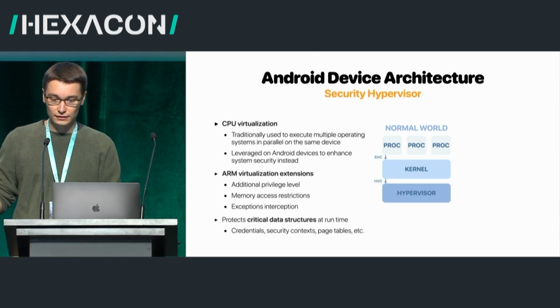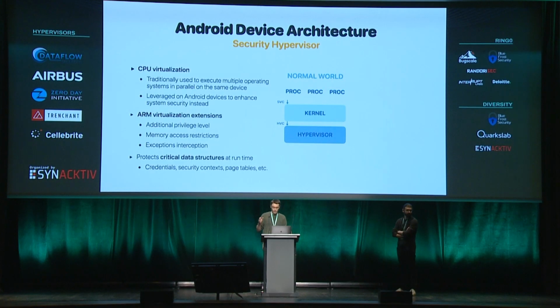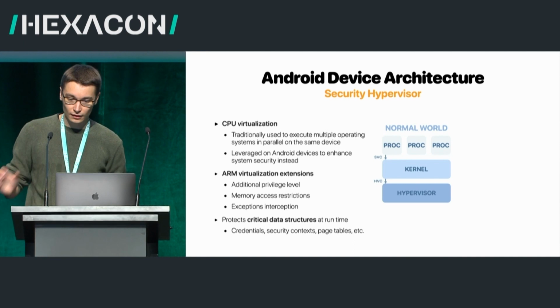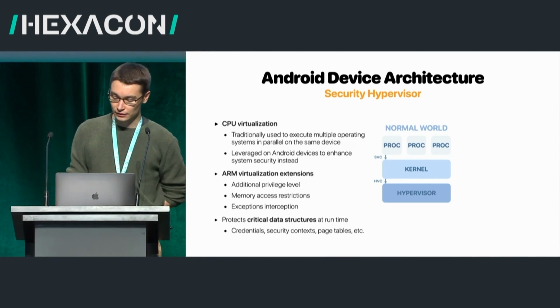And that's what motivated OEMs to introduce new security features, such as the security hypervisors that rely on CPU virtualization. So virtualization was originally intended to allow multiple operating systems to execute in parallel, but on the Android devices, it is leveraged to enhance kernel security. And in practice, the security hypervisors use the ARM virtualization extension.